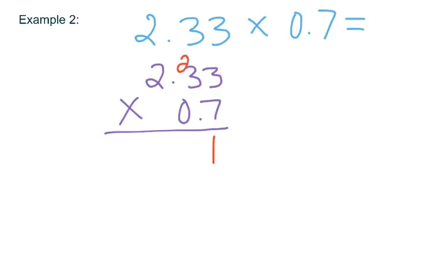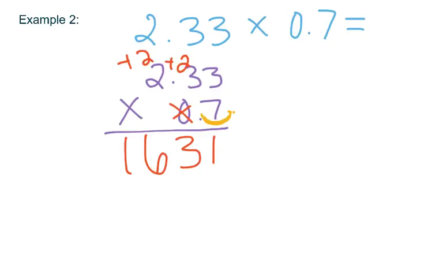So I have 7 times 3 is 21, carry my 2. 7 times 3 is 21, plus 2 is going to get me to 23, carry my 2. 7 times 2 is 14, plus 2 is 16. You don't have to go through and do anything with the 0, because you're just going to get zeros whenever you multiply times a number. So then we're going to go ahead and look at our place value.